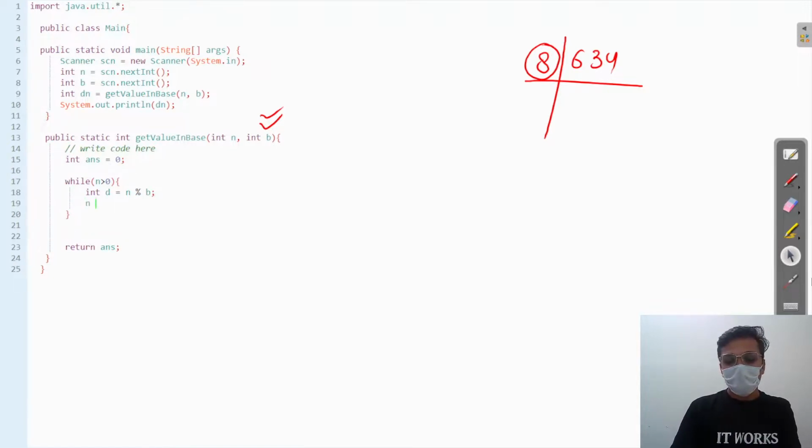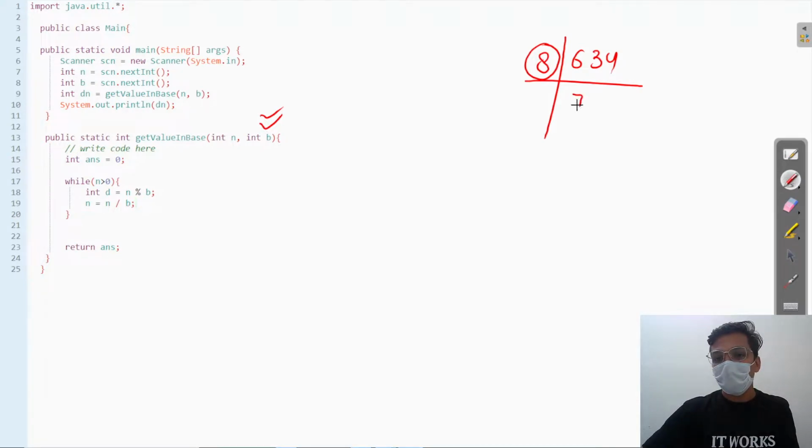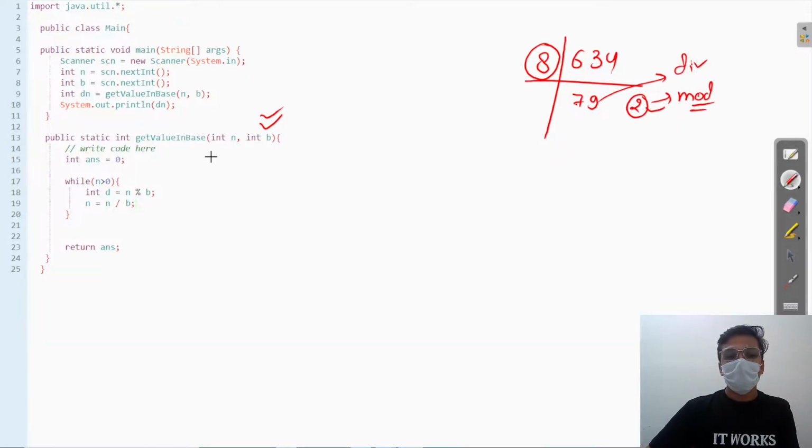Now we are going to reduce this number by b times, that is base times, because here we are extracting our number. Our number is going to be 79 here, and the remainder is going to be calculated by modulus, and the division is going to be calculated by this. So after taking modulus, we get our remainder, and after taking division we reduce our number.